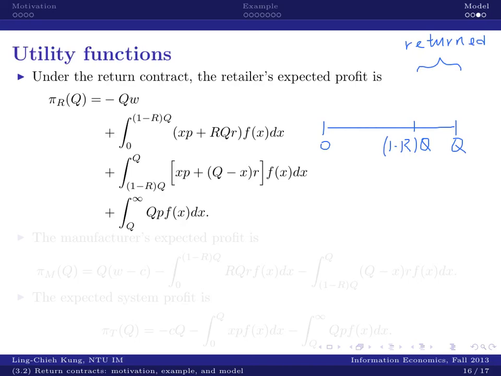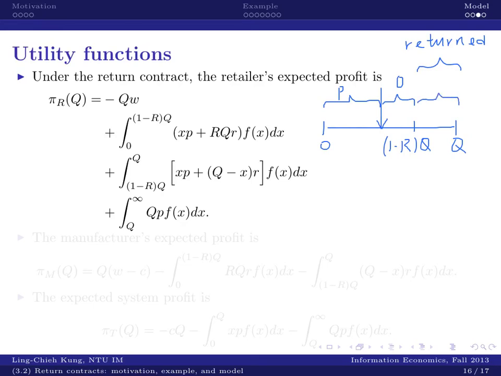So now, if the demand is smaller than (1 minus R) times Q, somewhere here, what will be my earning? First, for this part, I'm going to get P dollars for each unit sold to the end consumers. For the second part, this part is unsold, but it generates no earning to me because I am not allowed to return it to the manufacturer.